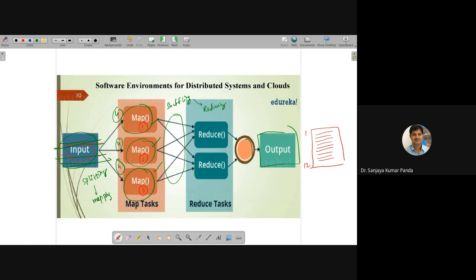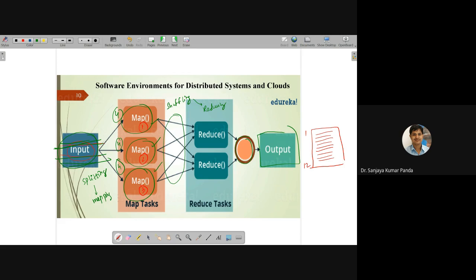Now let us see a small example to understand this MapReduce process. One very popular example for MapReduce is the word count process. Word count means you are given a text file and you have to count the number of occurrences of each and every word.